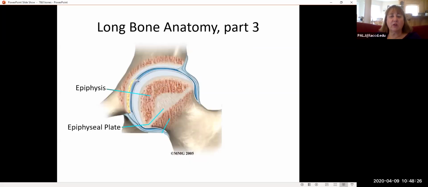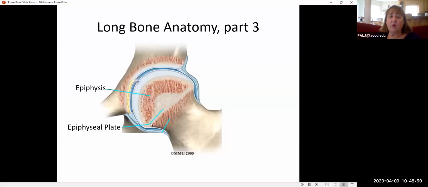Looking at things a little closer up, this is a picture of the femur with the coxal bone, and this is the head of the femur, and this is the neck of the femur. At the very edge of the epiphysis, at the junction with the next area of bone, there is something called the epiphyseal plate.